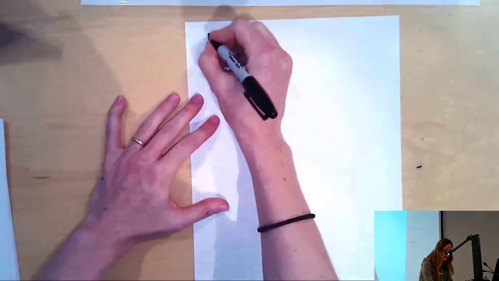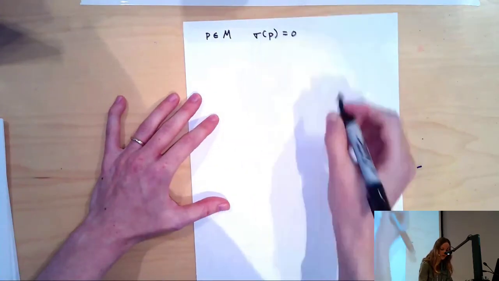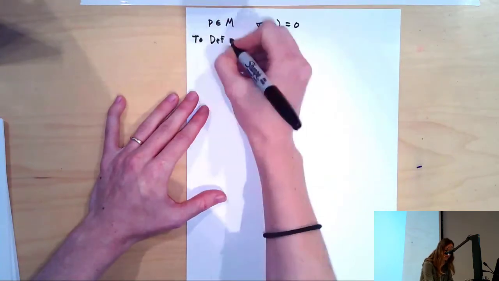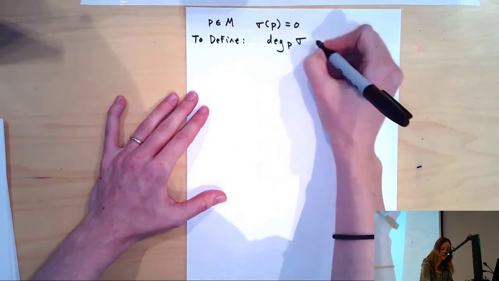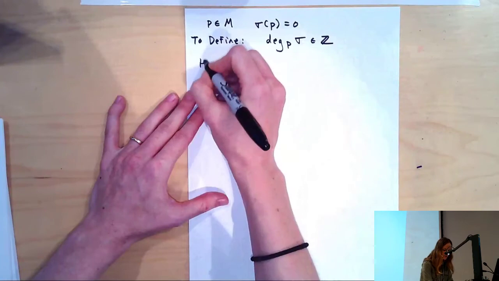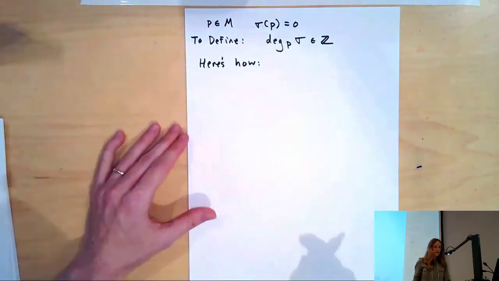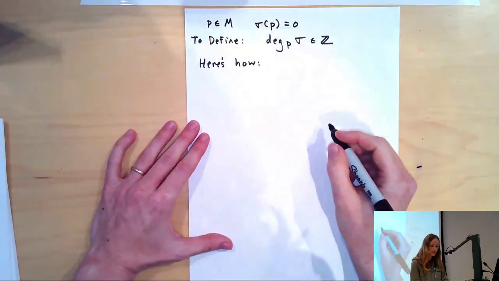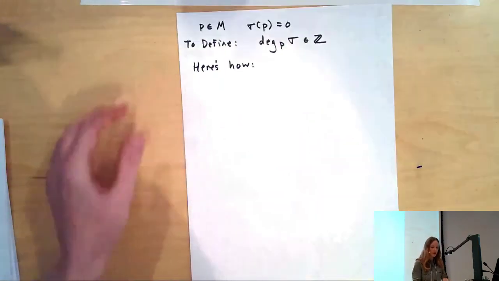So here comes our weight. Let P in M with sigma of P equals 0. To define the weight, the degree at P of sigma in Z, here's how. Since the zero is isolated, we can choose a small ball around P with no other zeros of sigma in it.